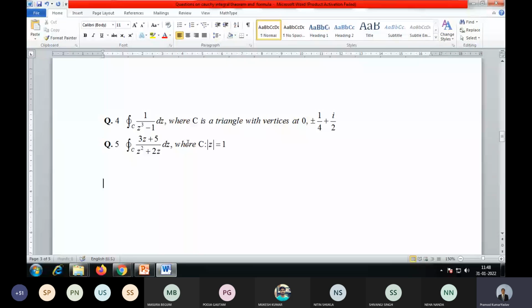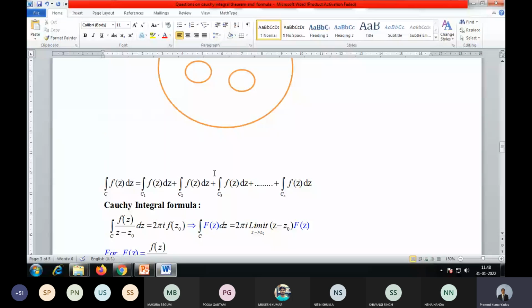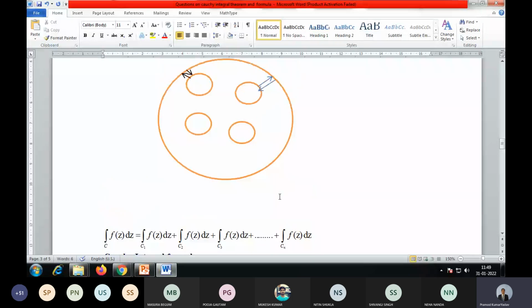Now, we need to study the Cauchy integral formula. And before going to study the Cauchy integral formula, there is some application of Cauchy integral theorem. Anyway, I will come to that a bit further.